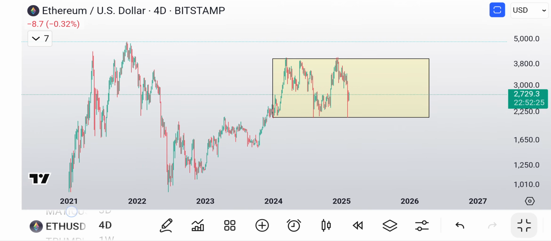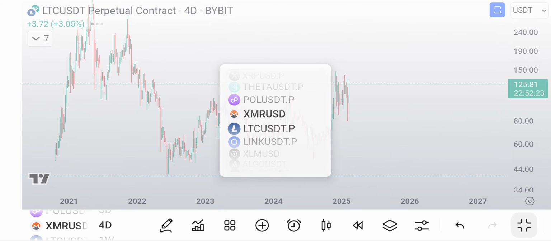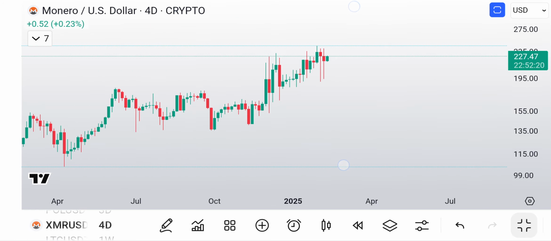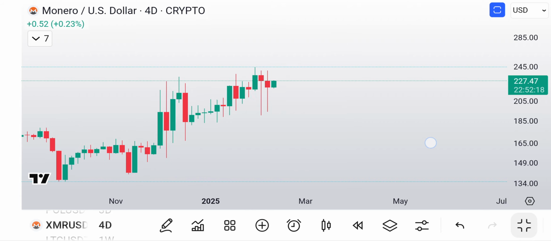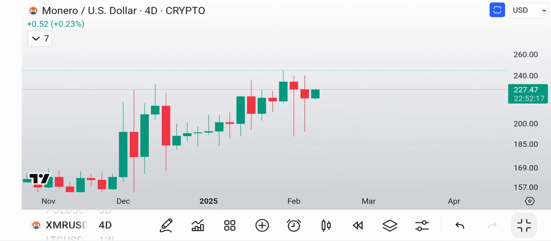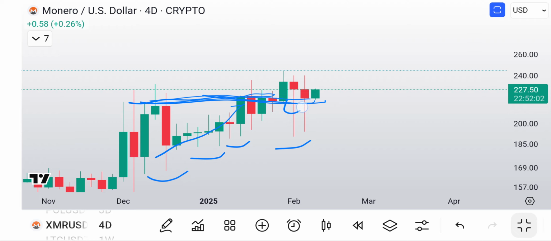So let's look at what Monero is doing here. Man, Monero is just still holding very strong here. Look at these very bullish wicks here. Basically, we creeped our way up. We broke this here, and now we're basically holding right in here. We're closing above here.